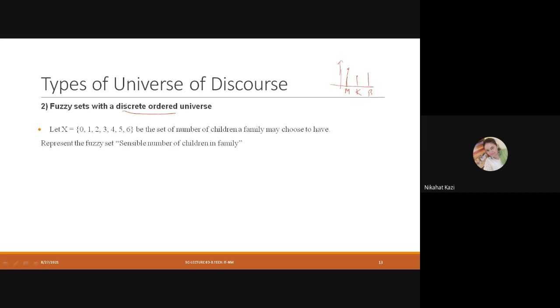But when I'm trying to plot this, order will matter, because this x actually will be an integer scale, right? X will be integers. It will be 0, 1. So this is a discrete and ordered universe. Are you getting the difference? Discrete, unordered, discrete, ordered.